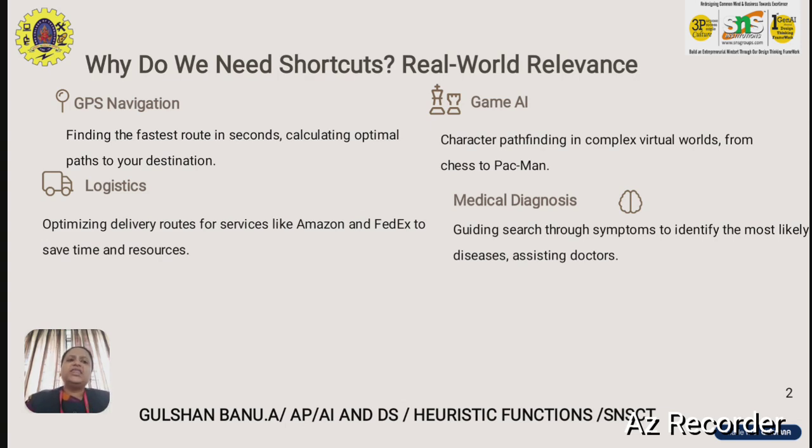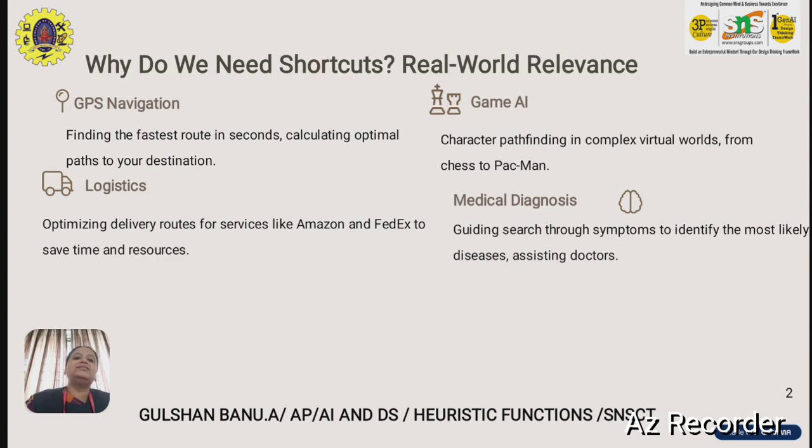Why do we need shortcuts for heuristic functions? There are certain real world applications in which these heuristic functions are used. The first one is GPS navigation, the second is logistics, then game AI, and medical diagnostics. GPS navigation is what you use in normal mobile phones, right?